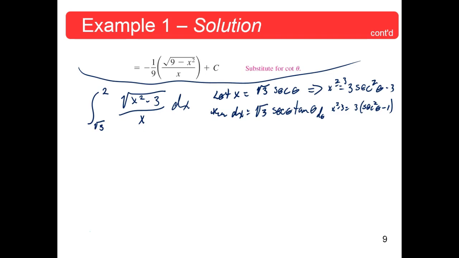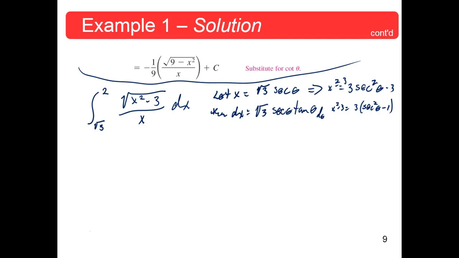Well, what's secant squared theta minus 1? Pythagorean identity. No. Tangent squared. Okay. Right? Because we had tangent squared plus 1 equals secant squared. Subtract 1 from both sides.